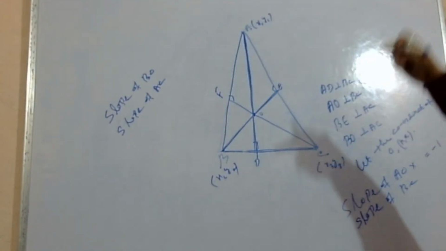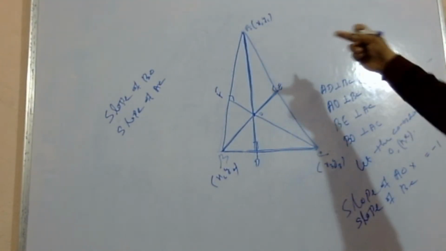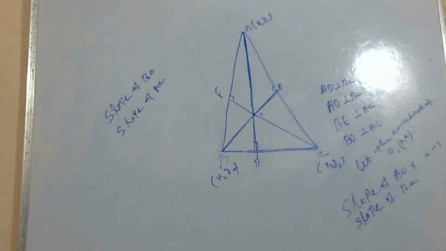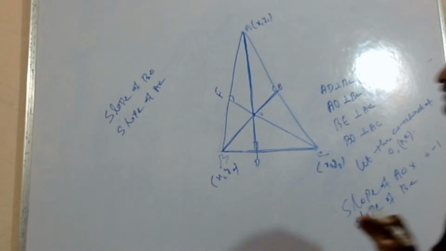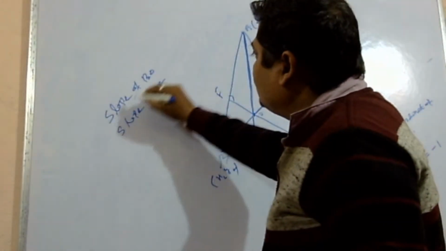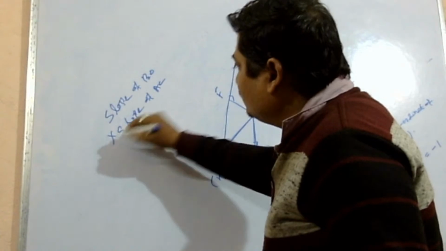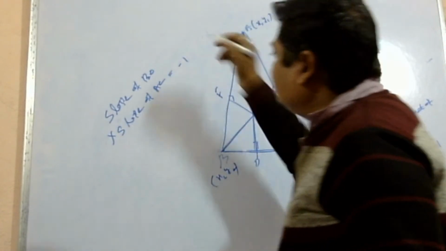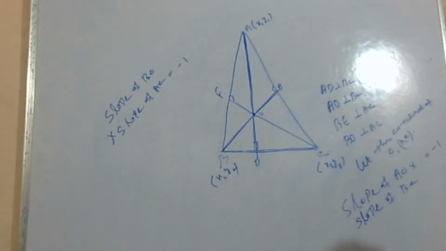In AC, the coordinates of A and C are given. Any doubts? Then multiply the slope of BO into the slope of AC, that is minus 1.